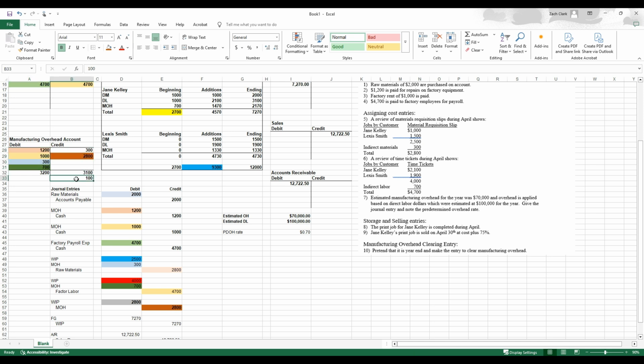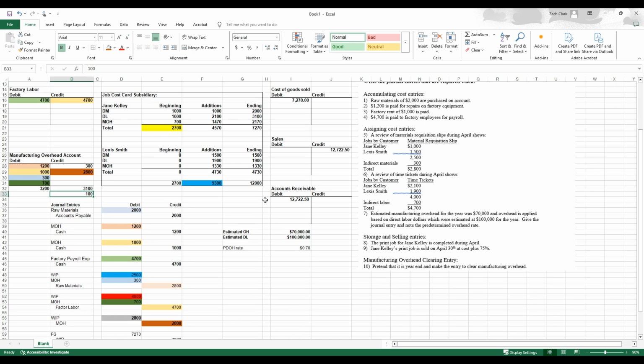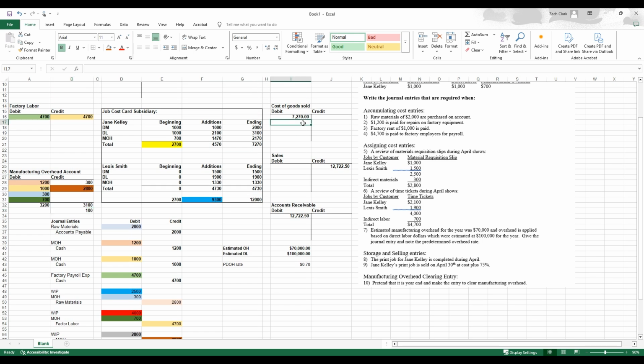So that's the credit, and then the debit side goes to cost of goods sold. So whatever side we need to debit or credit, depending on which is larger when we're doing this closeout, we then either debit or credit cost of goods sold. And the logic behind it here is we actually spent more than we estimated we would on overhead, through our predetermined overhead rate, right?